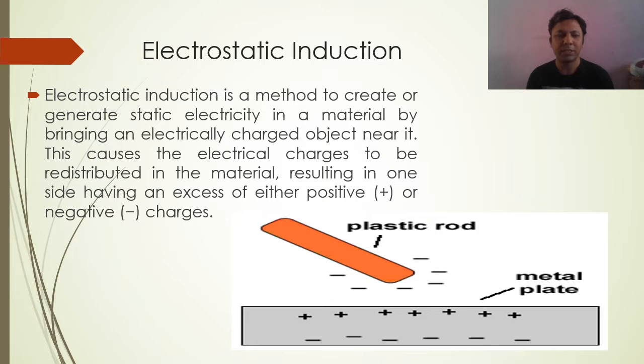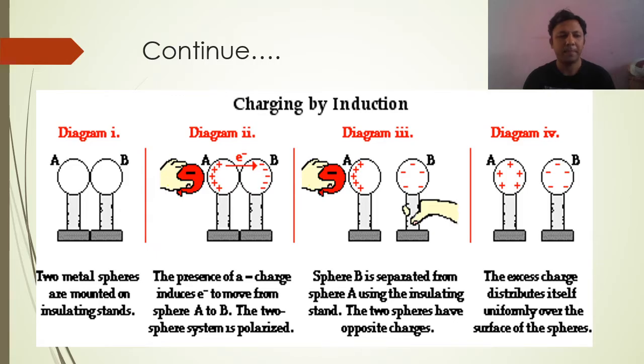I can also explain another method to produce electrostatic induction. See, this is the diagram. Two spherical metals A and B are mounted on an insulating stand.